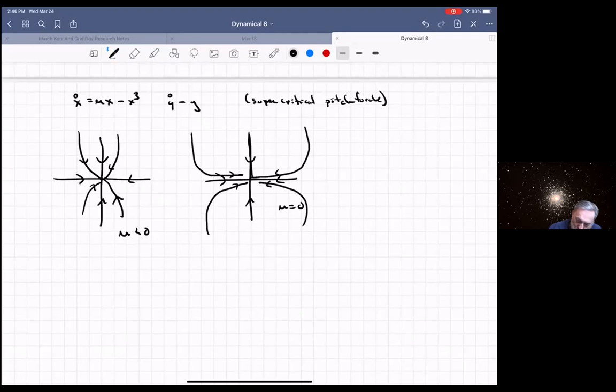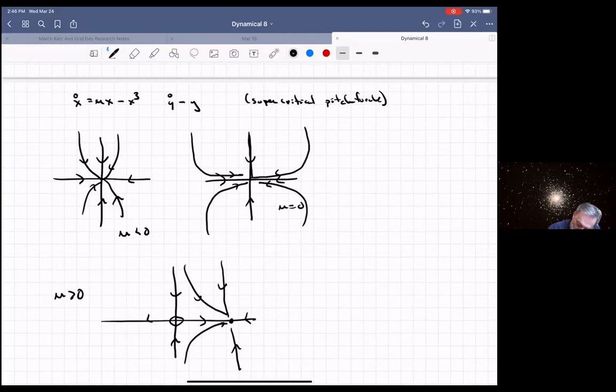And then for mu positive, the origin becomes a saddle and you pick up stable nodes on the sides.